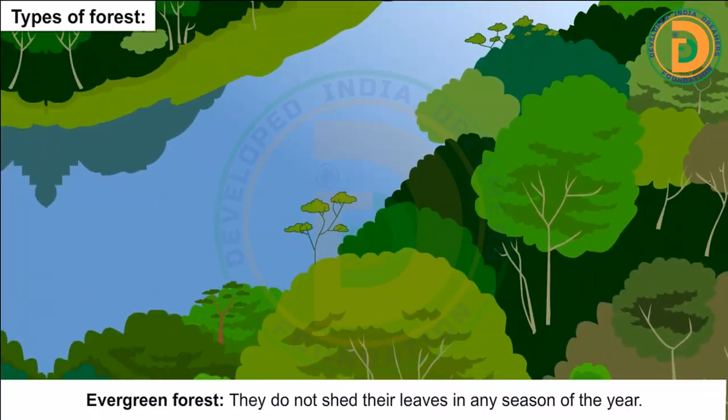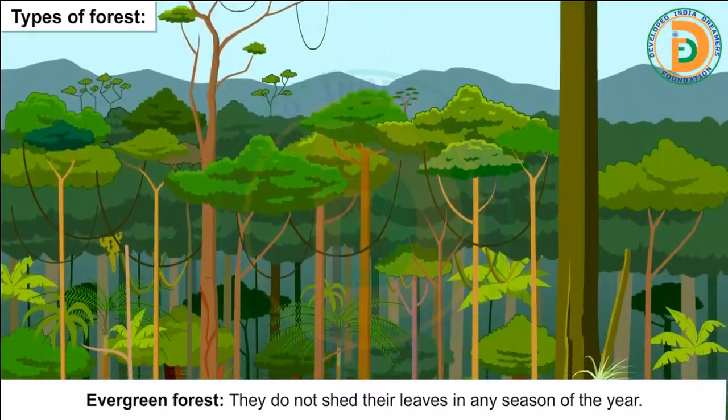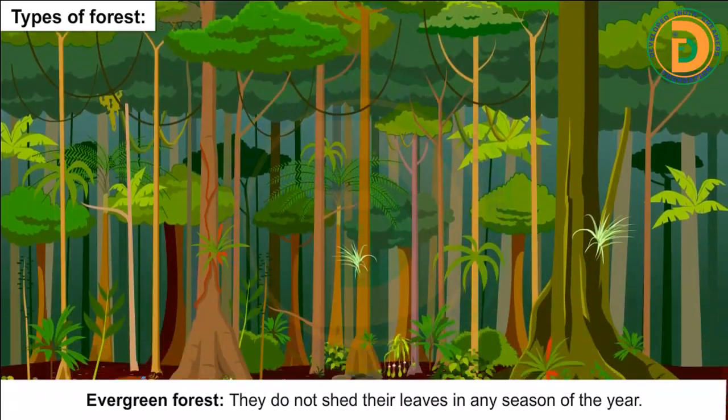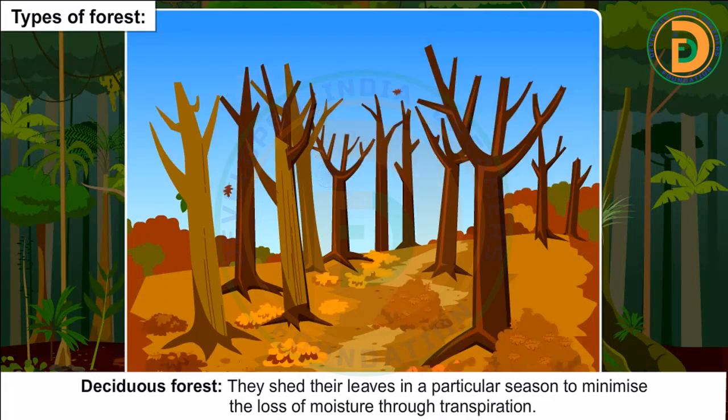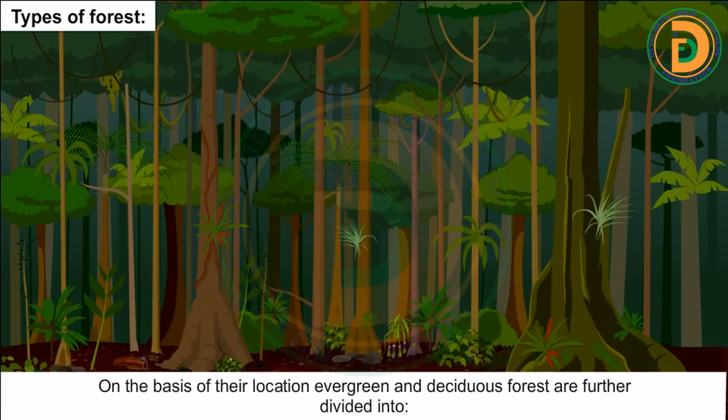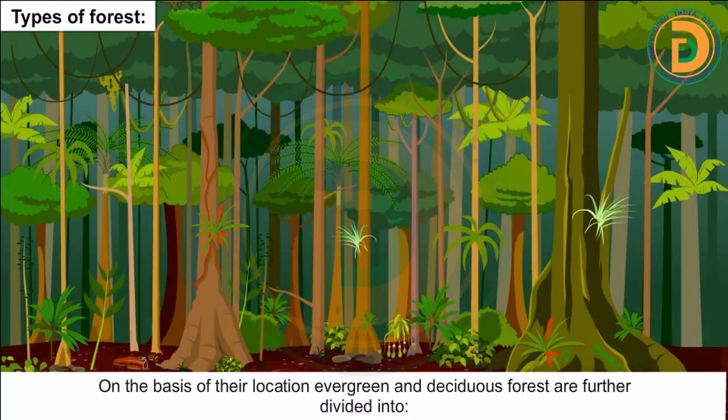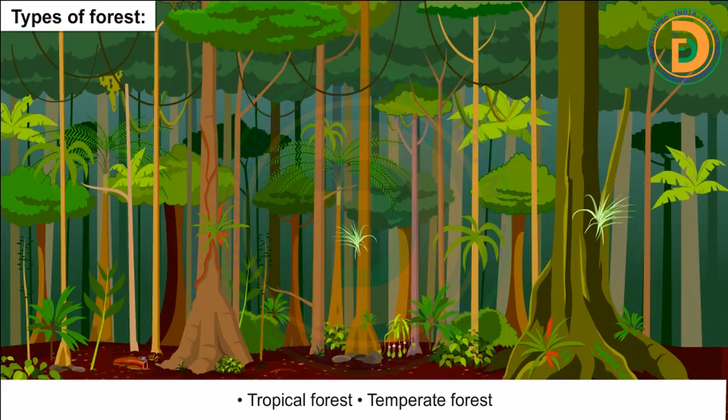Evergreen forests do not shed their leaves in any season of the year. Deciduous forests shed their leaves in a particular season to minimize the loss of moisture through transpiration. On the basis of their location, evergreen and deciduous forests are further divided into tropical forest and temperate forest.